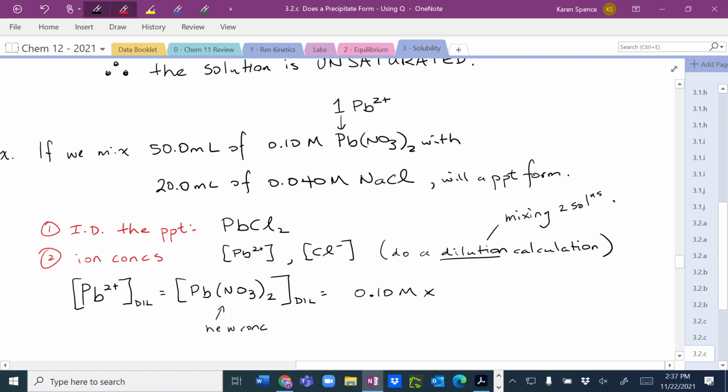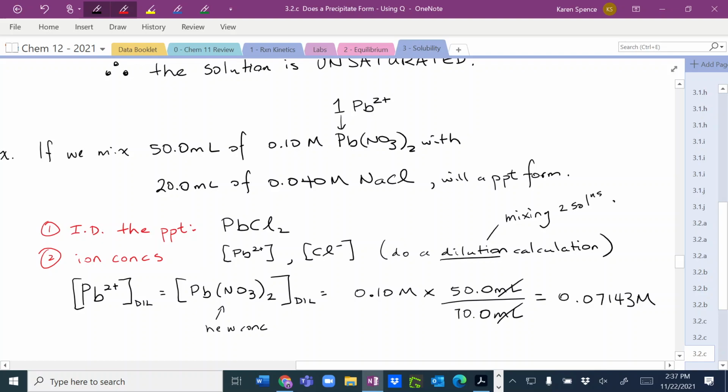What's our old volume? 50 milliliters, over our new volume. What is our new volume? 70 milliliters. And we get 0.1 times 5 divided by 7 is 0.07143 molar.